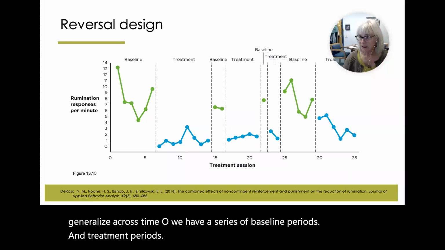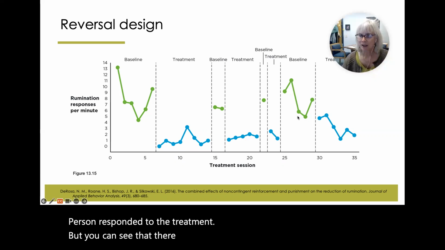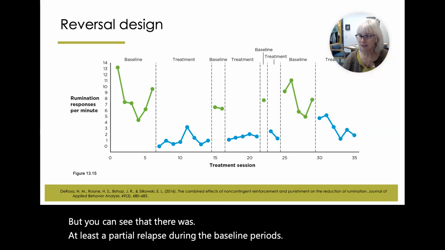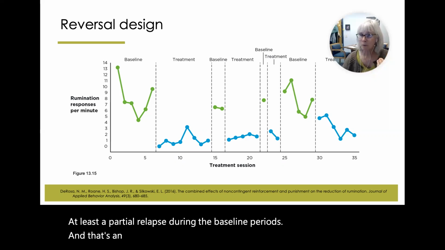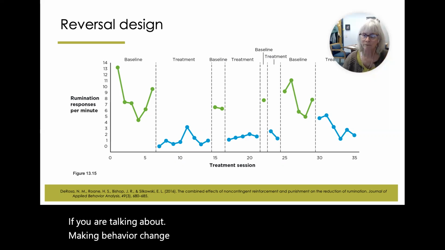Clearly, this person responded well to the treatment, but you can see that there was at least a partial relapse during the baseline periods. That's an important piece of information to have if you are talking about making behavior change with a person.